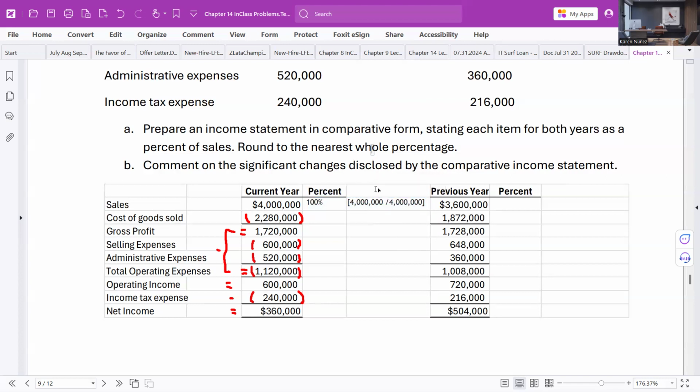So here you get the sense of what I've done. Everything is going to be divided by 4 million on this income statement. Every single thing we do is going to be divided by 4 million. I'm going to fill in all of the percentages, and hopefully they line up properly.